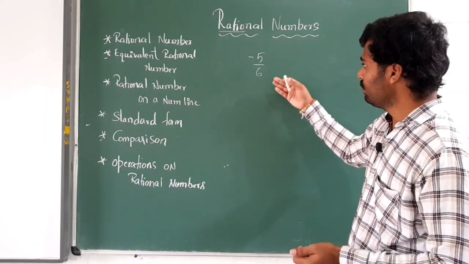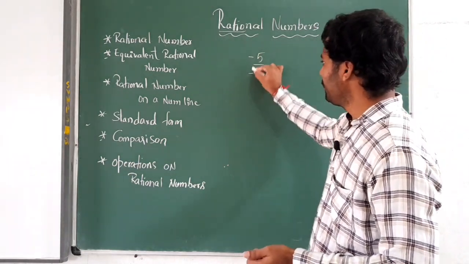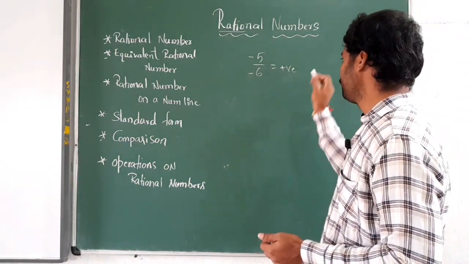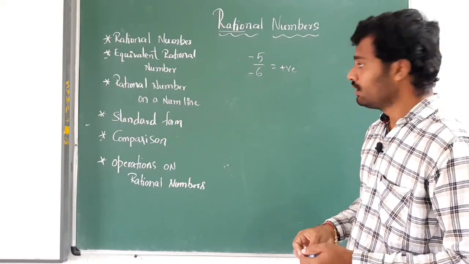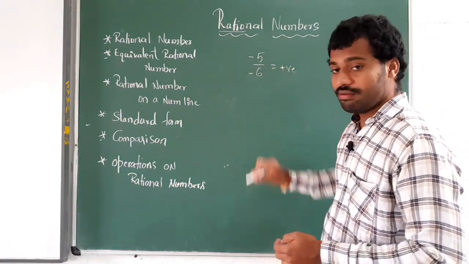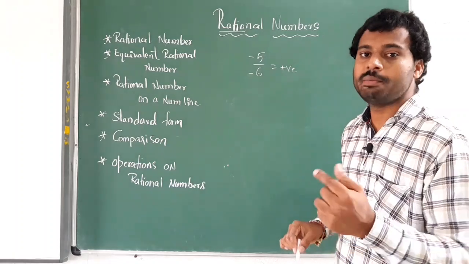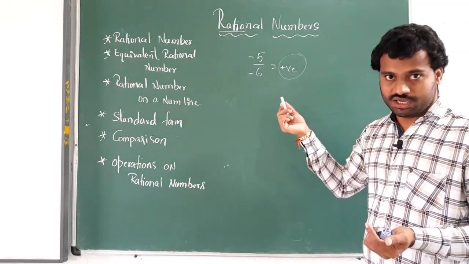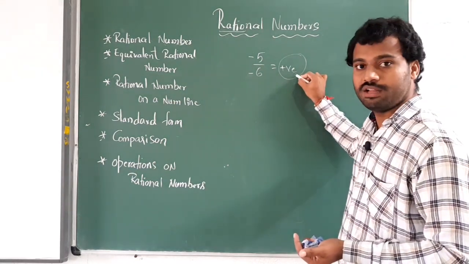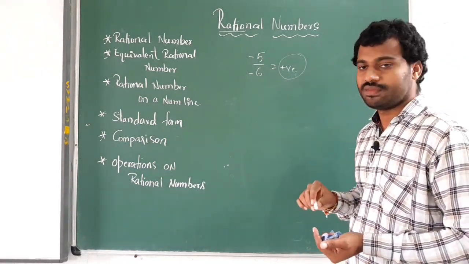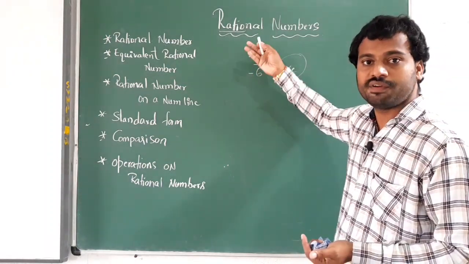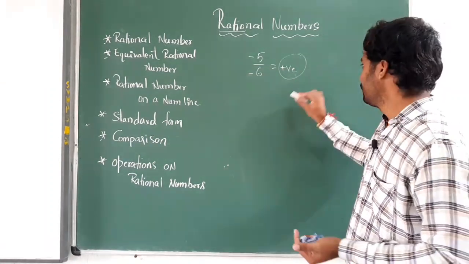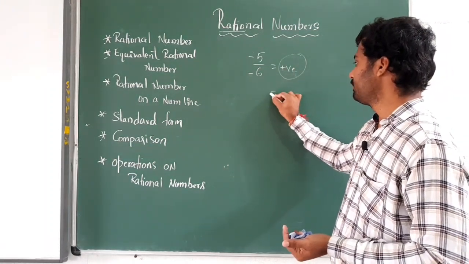You know, if both numerator and denominator are the same sign, maybe negative, maybe positive, then the resultant value will be a positive number. If they have different signs, if numerator is positive and denominator is negative, then you will get a negative one.